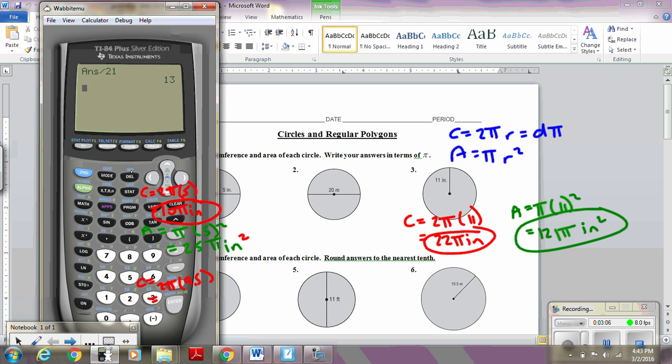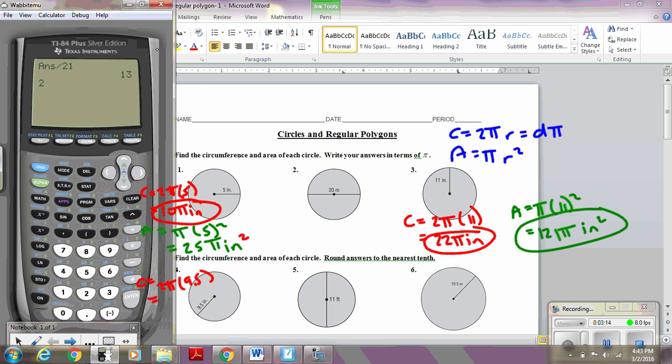When you use the calculator, you're actually going to use the pi button. 2, and the pi button is located when you hit second and arrow up. There's pi. So 2 pi, and then in parentheses 9.5.